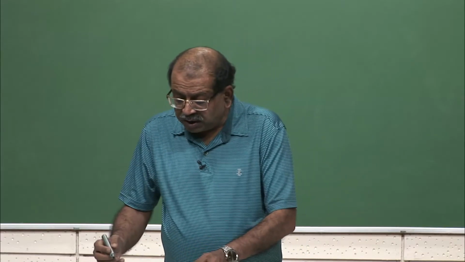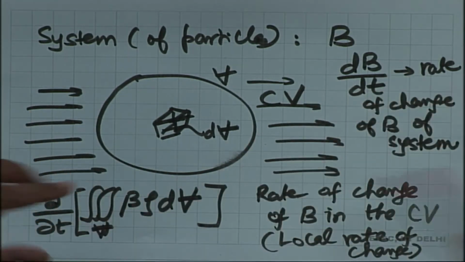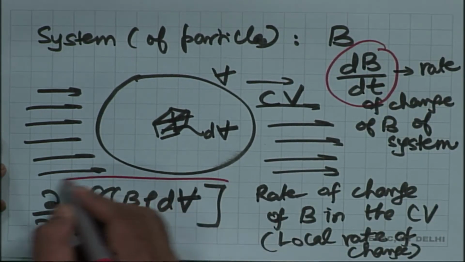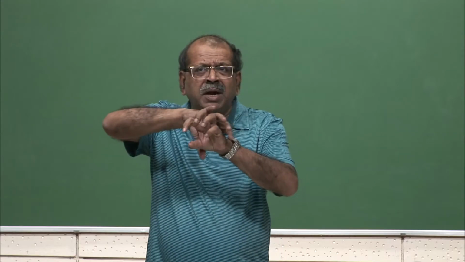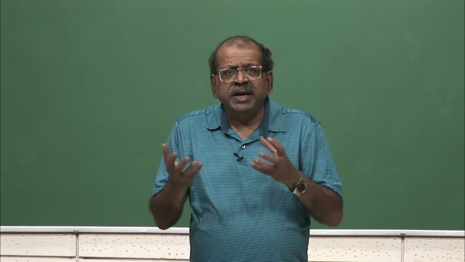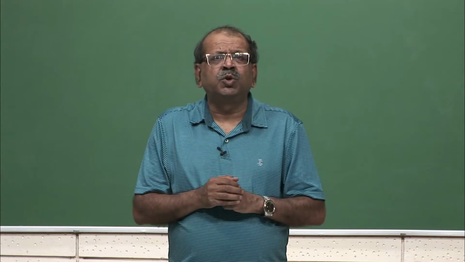So, what the Reynolds transport theorem tells us is a relation between dB by dt and partial by partial t of beta rho dV. And if you physically try to think what is going on, there is some volume over which the particles are passing. Now, the change of this property B would happen because of two things.